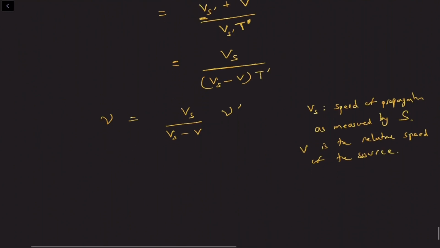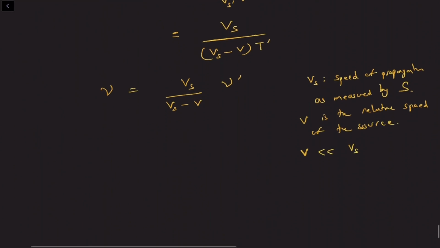Okay, and in the limit that the speed of the source is much smaller than the speed of propagation of the wave, just using a binomial expansion, we can write this as approximately 1 plus V over Vs times nu prime.